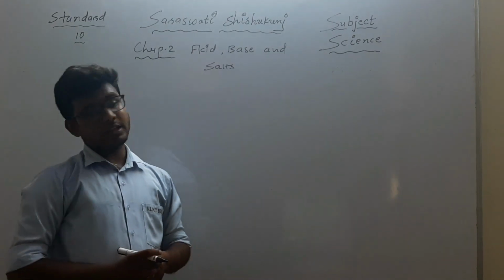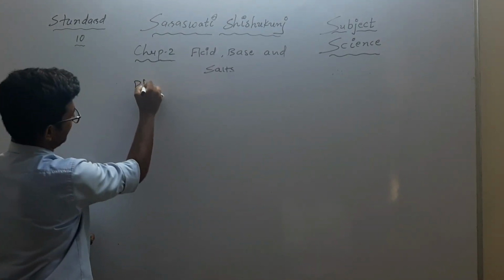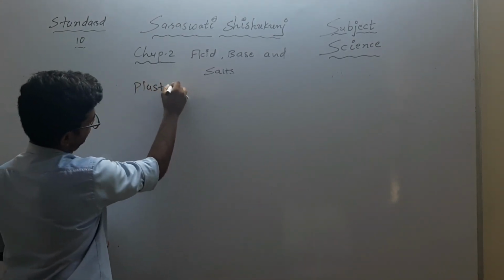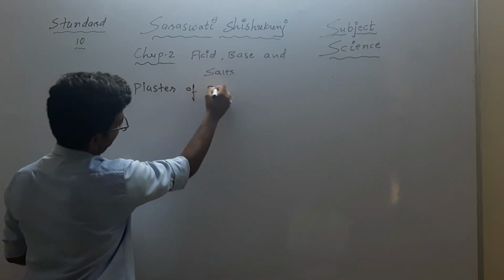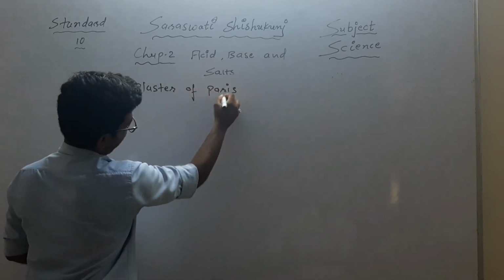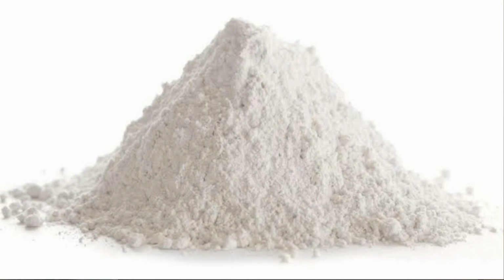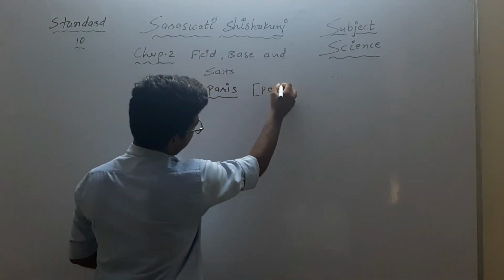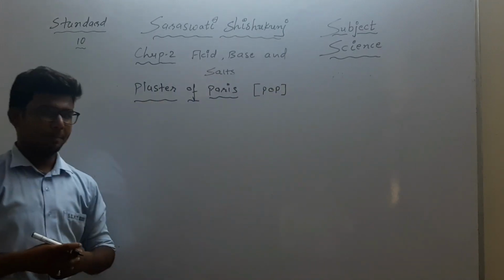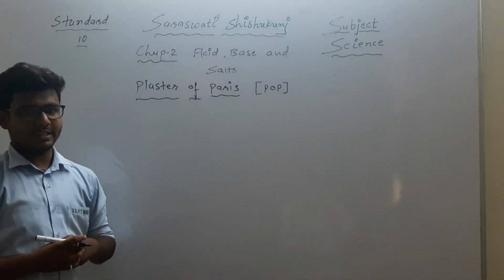Then our another compound is plaster of Paris. Now, as we all know, plaster of Paris is also known as POP. How is this plaster of Paris formed?